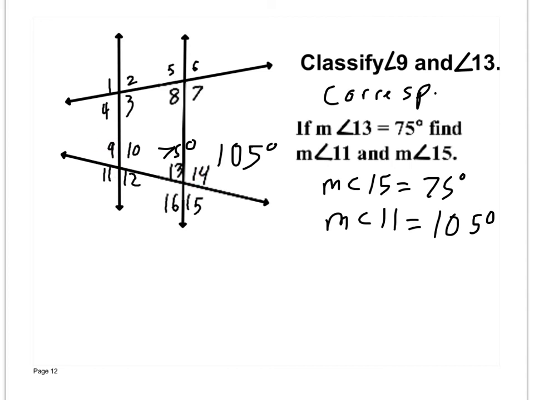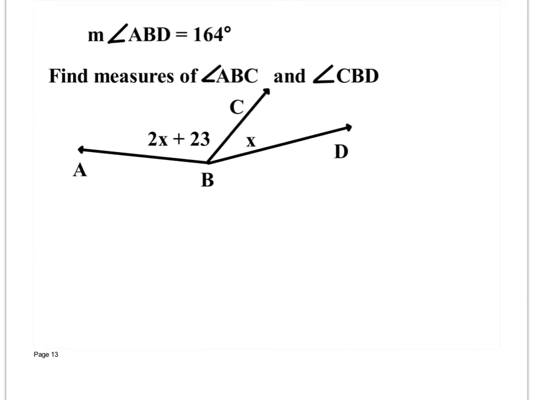That's why I told you they're not supplementary and they're not corresponding. They're the same angle. And what's 180 minus 75? 105. So there's about 10 different ways of figuring out the measure of angle 11. All you got to do is come up with one of those ways. Think about your relationships. I've given you 6 different relationships. Use those.